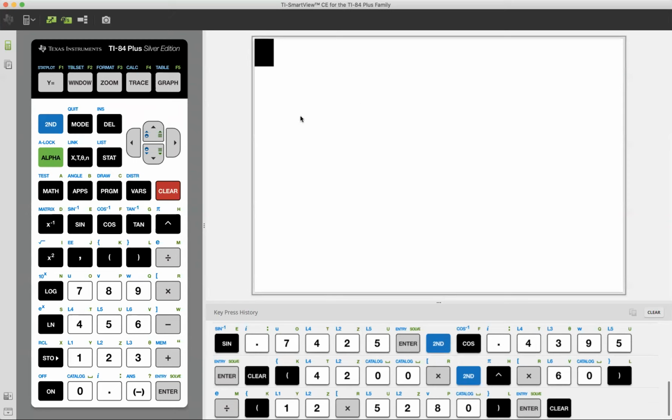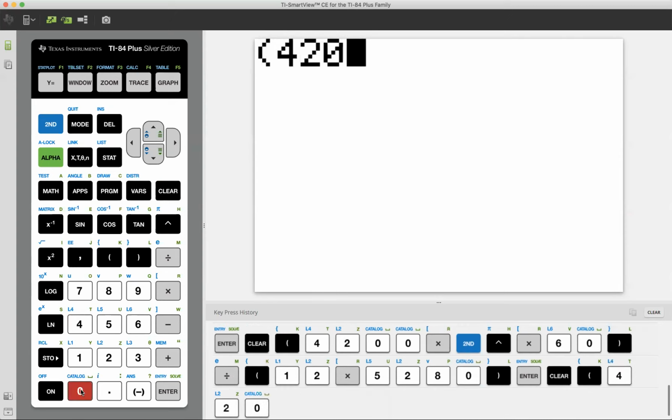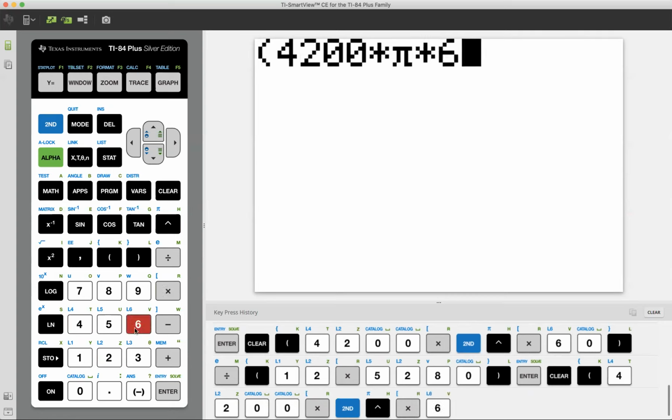So let's see how we would put that in. I would put a parenthesis starting at the top, and then I'm going to type in the 4,200 and then times pi. And then there's one more number up there that's not 1. That's the 60. And then close the parenthesis.